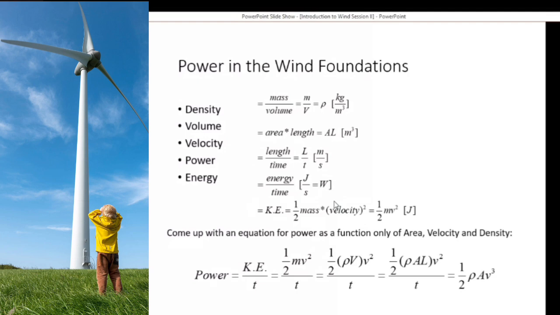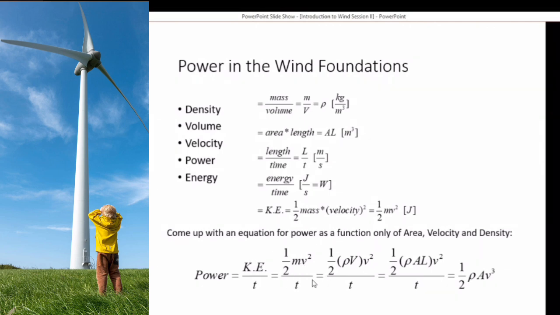And we come up with an equation for power, which is equal to energy over time, or work over time. Work is considered as kinetic energy, because the work done by a blade is the energy produced. That is the work done. So, by replacing, it is kinetic energy over T.